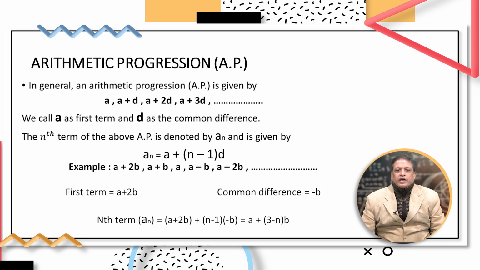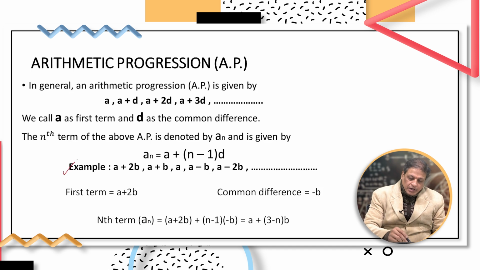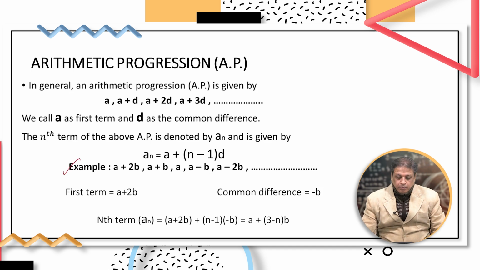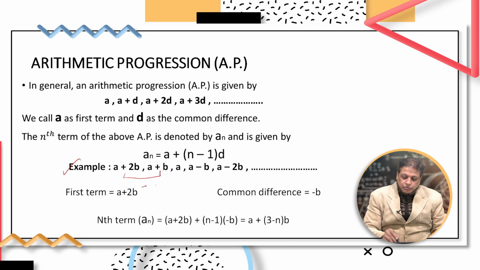Likewise, say we are given an example, an arithmetic progression: a plus 2b, a plus b, a minus b, and a minus 2b. Following the pattern, you will find that in subsequent terms we are adding the term minus b. As a result, the common difference turns out to be minus b, and the first term is a plus 2b.